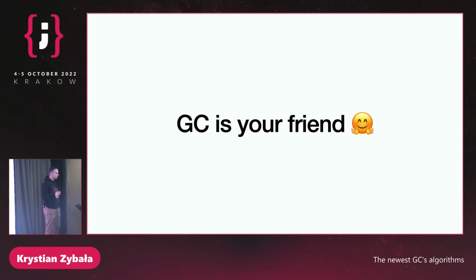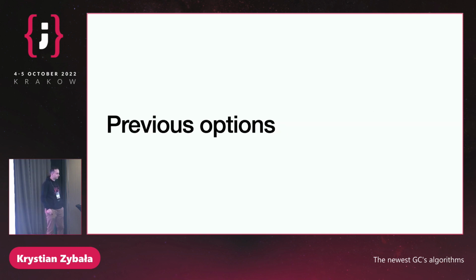But you also know that the GC is your friend, because when you allocate objects, someone has to clean them afterwards, for example after processing business processes, requests, and so on. So yes, GC is definitely your friend.